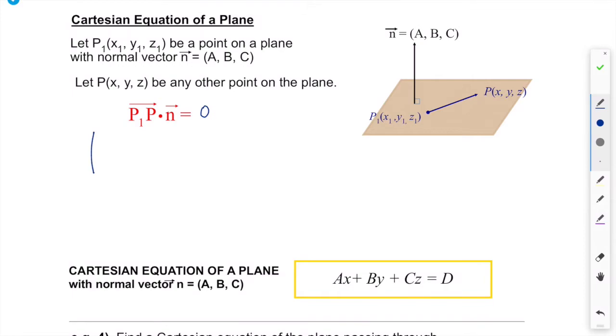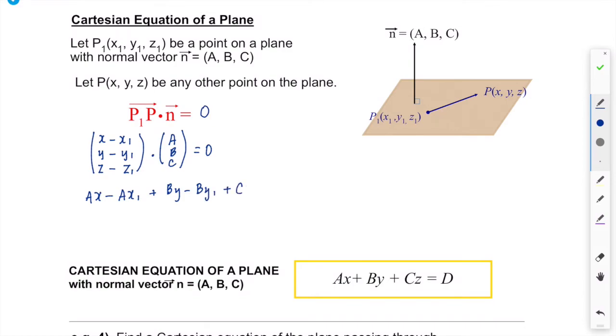So the endpoint is P, so (x, y, z) minus (x1, y1, z1) dot (A, B, C), which is the vector n. We have ax minus ax1 plus by minus by1 plus cz minus cz1 equals 0.